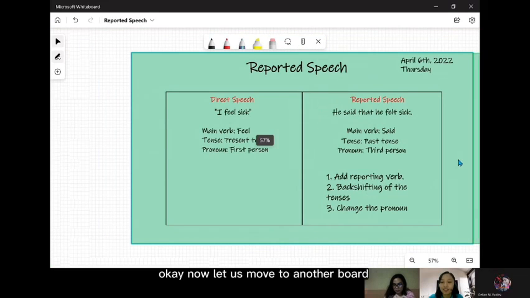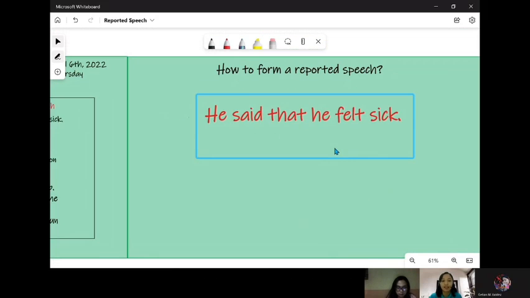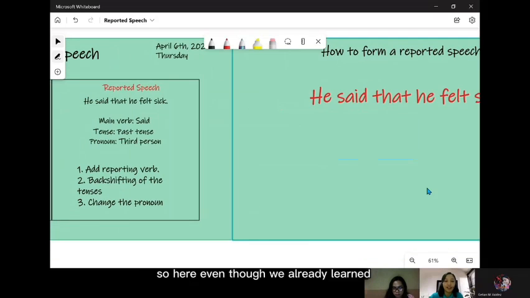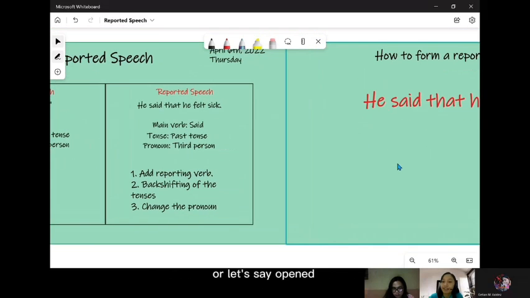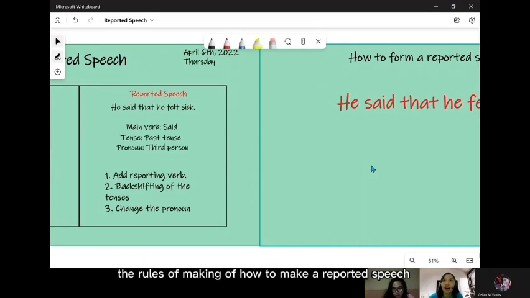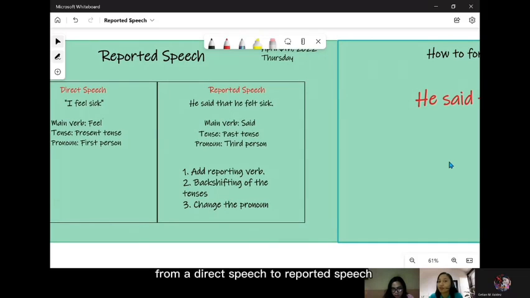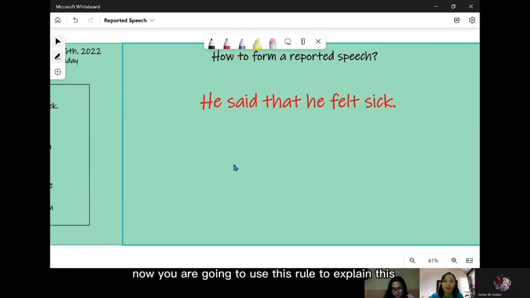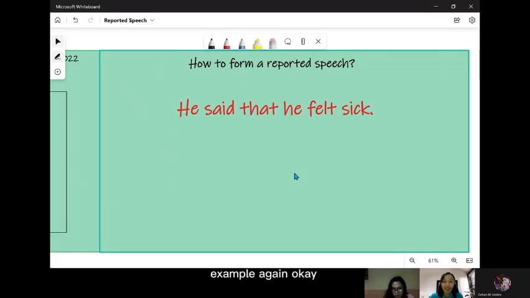Now let us move to another board that I made. In this part, we are going to form a reported speech. Even though we already learned the rules of how to make a reported speech from a direct speech, now you are going to use these rules to explain this example.